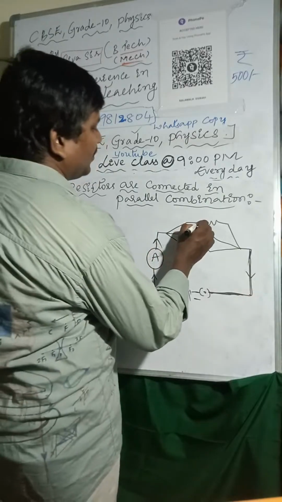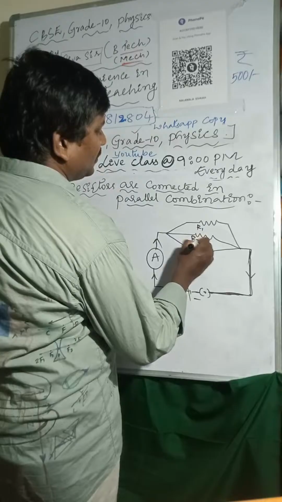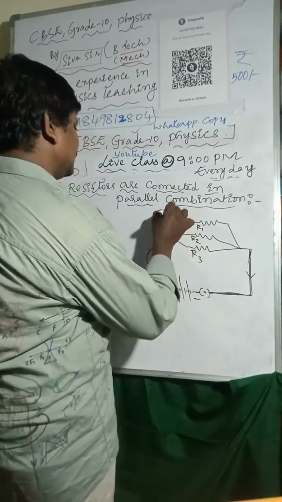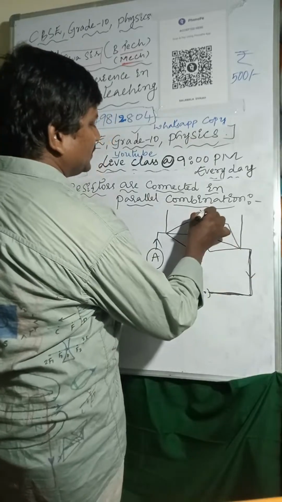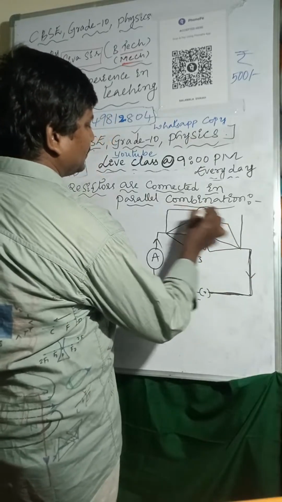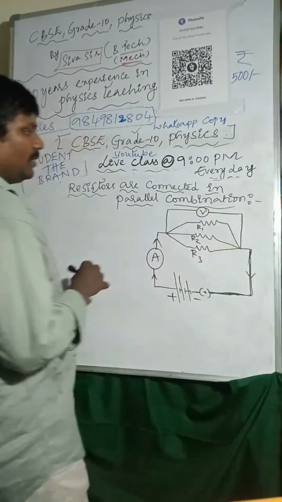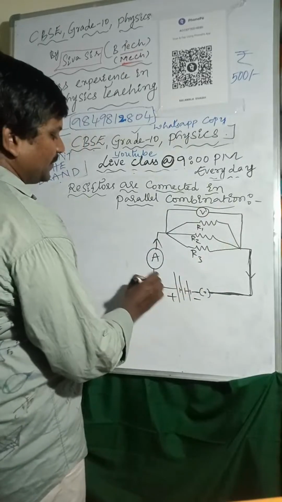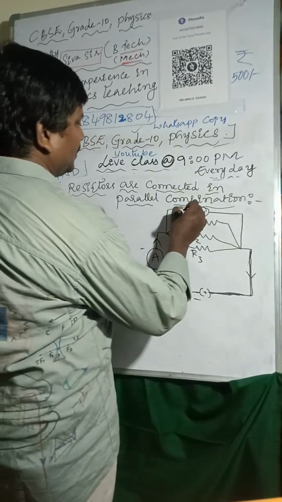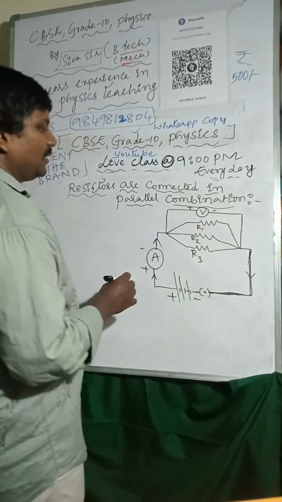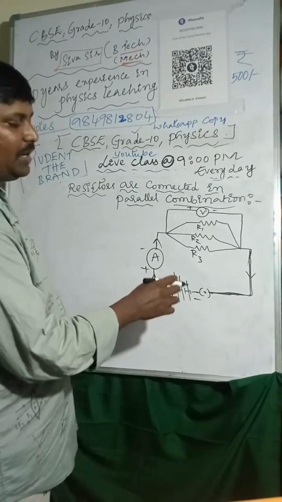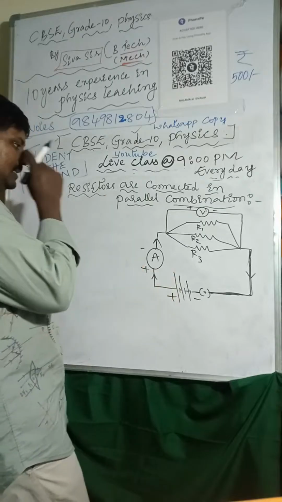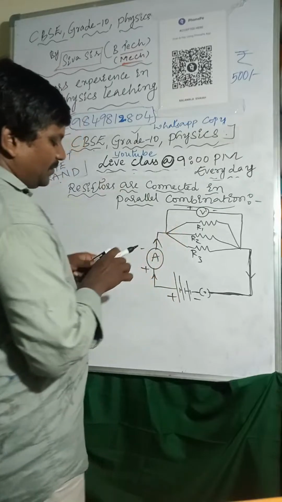So this is R1, R2, R3. I'm considering potential difference here. Current is passing like this, positive, negative. Here you can observe the current is flowing from the battery to the resistors. Here I'm considering R1, R2, R3.